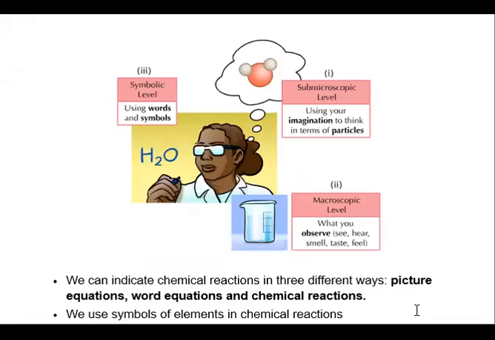Just to reiterate what I already said, we can represent a chemical reaction in 3 ways. We can represent it using words or symbols, so instead of saying H2O, you'll just write water. We can represent it by drawing the molecules, or what we imagine atoms to look like, or on a macroscopic level.